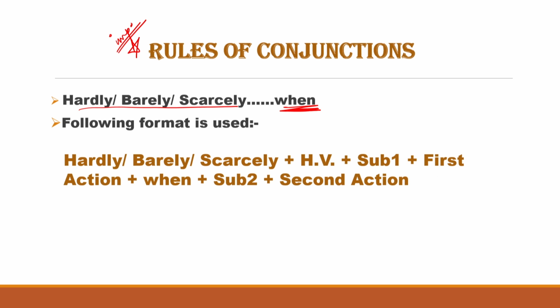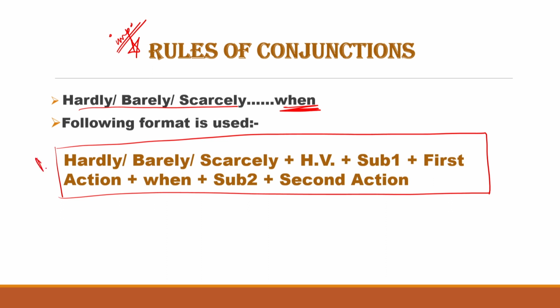Now, let us see how they are used in a sentence. While framing a sentence, the following format is used. This format is very important. Note this down. According to it: hardly, barely, scarcely, plus your helping verb, for example had, was. So after hardly, barely, scarcely comes your helping verb.